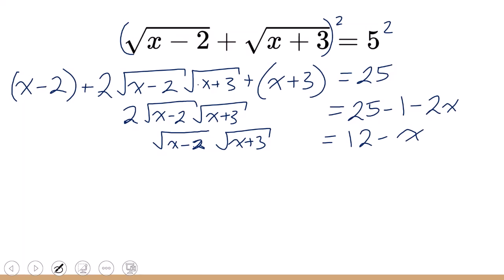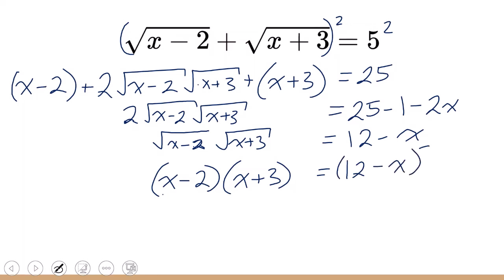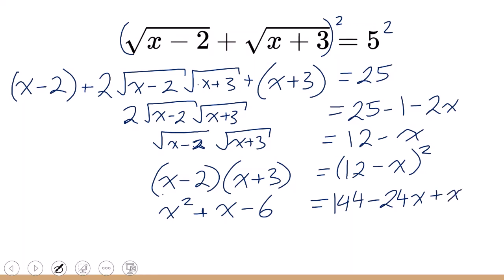Okay, and now let's get rid of the square roots again. So we're going to square both sides again. In squaring both sides, I get x minus 2 times x plus 3, no roots anymore, and then I'm going to just square this entire thing. So let's expand it. We have x squared plus x minus 6 is equal to 144 minus 24x plus x squared.